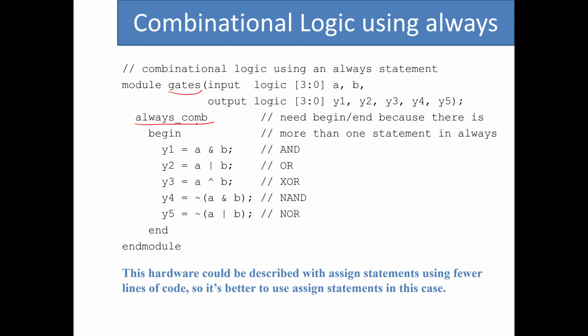So what we have is always_comb, and following that we should have a statement that says what should be implemented. But since we want to implement 5 different functions, so it is more than one statement, we put them between a begin and end, and that way System Verilog knows that all of these are the statements that are dependent on the always_comb.